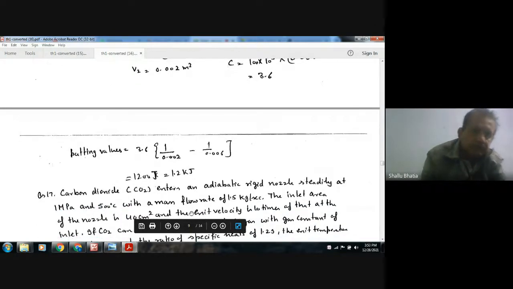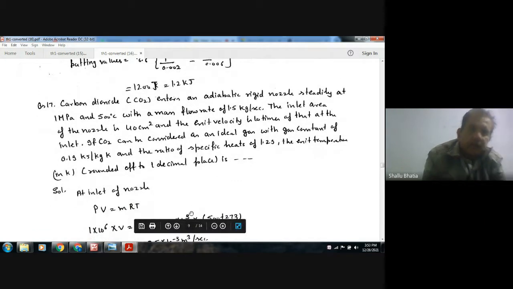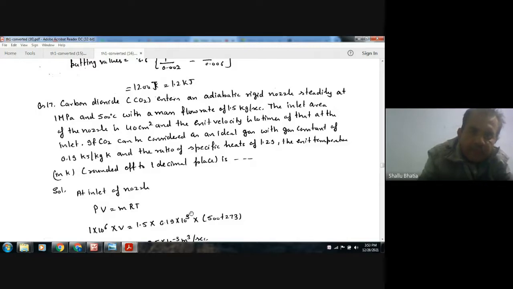Okay, next. Carbon dioxide (CO2) enters an adiabatic rigid nozzle steadily at 1 MPa and 500 degrees Celsius with a mass flow rate of 1.5 kilogram per second. The inlet area of the nozzle is 40 centimeters squared and the exit velocity is 10 times that at the inlet.